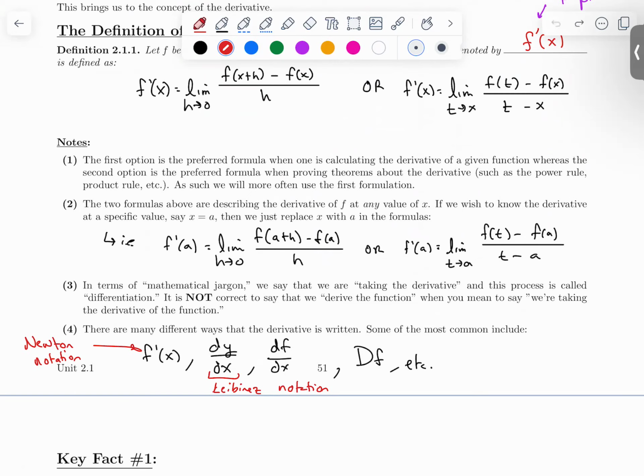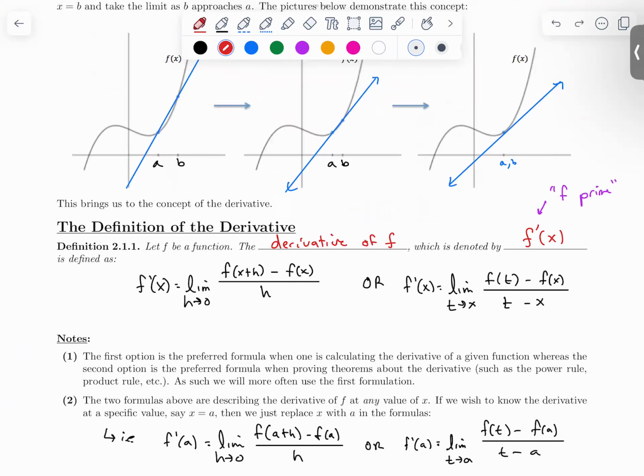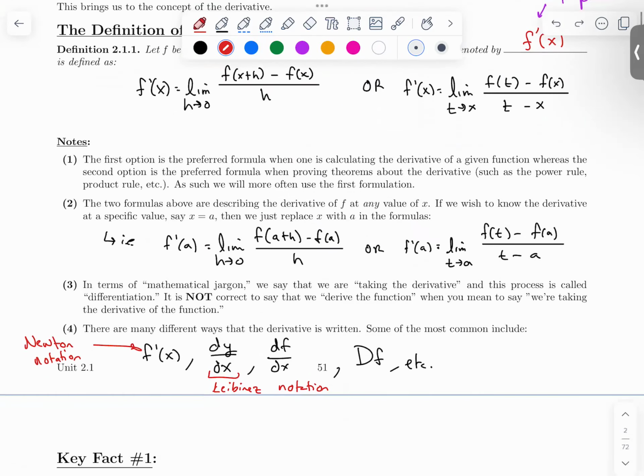What is a slope? A slope is a change in y over a change in x. And what we're doing with the tangent line is we're making that change in y and that change in x infinitely small. So Leibniz created his notation and he called these things infinitesimals. So an infinitesimally small change in y over an infinitesimally small change in x.